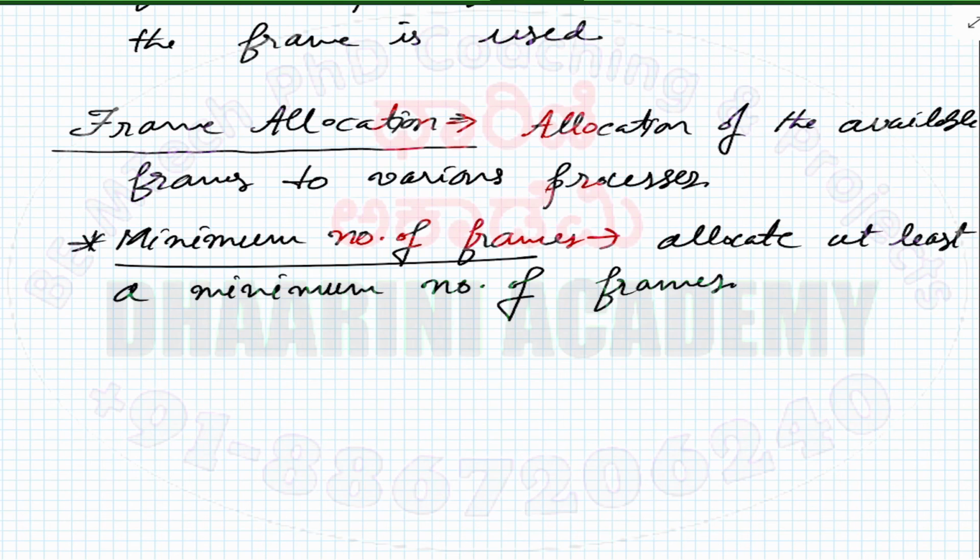This answer is directly related to performance. Because you are deciding the number of frames allocated to each process, and if it is decreased, you know the page fault rate will increase. As you keep reducing the number of frames allocated, a process requests a page, and that page may not be present in memory because you have allocated very few pages to it. So it's always good to allocate a fixed minimum number.